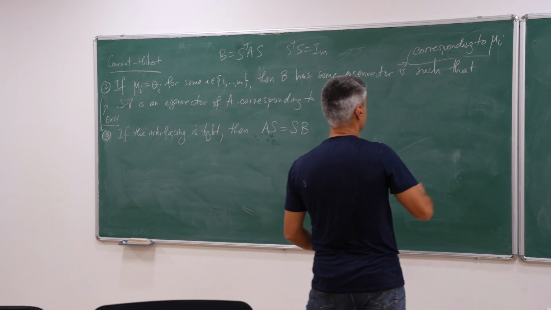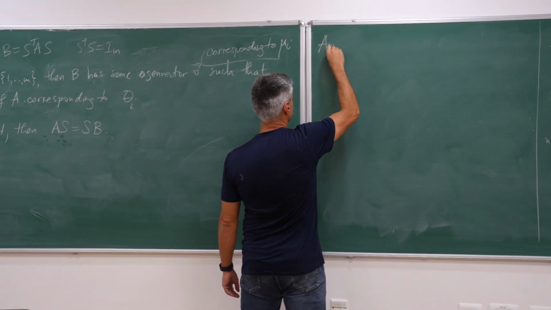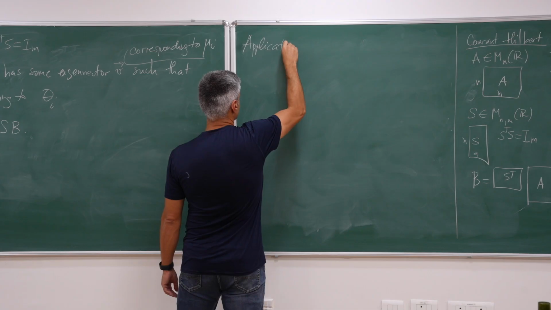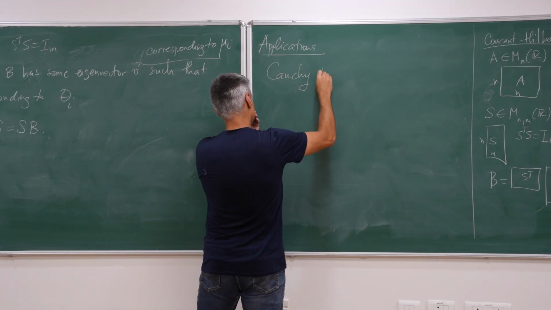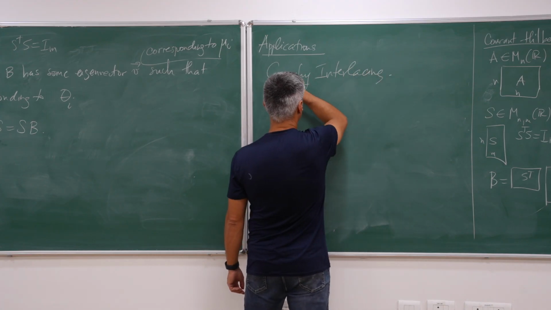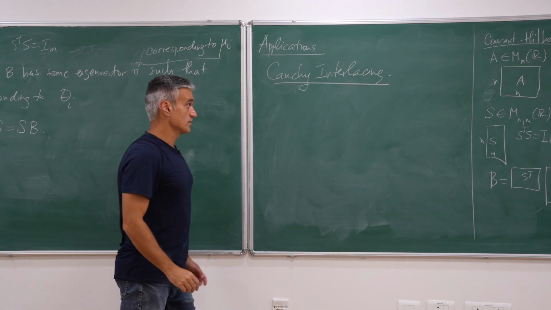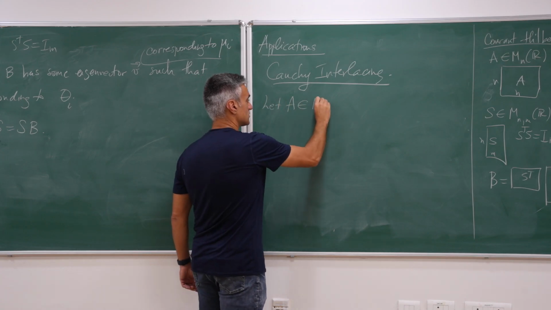Okay, so the first application, the consequences or applications. This is called Cauchy interlacing. And it says the following: let A be a symmetric matrix.